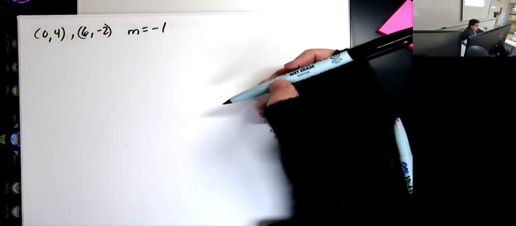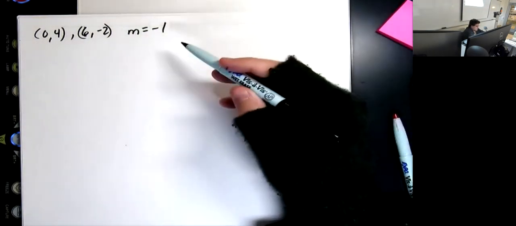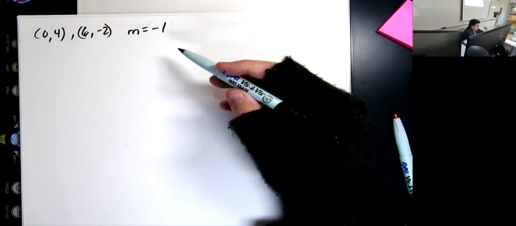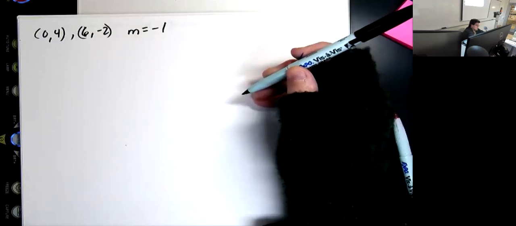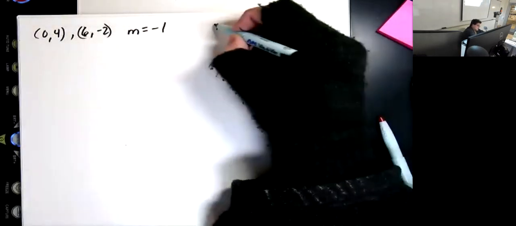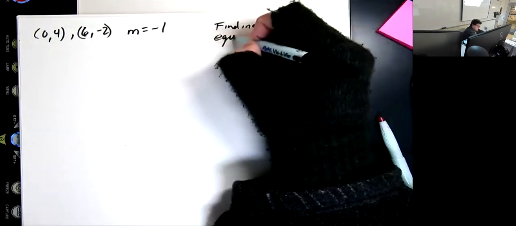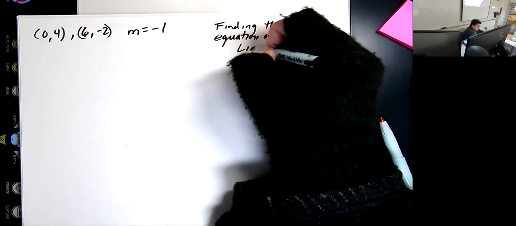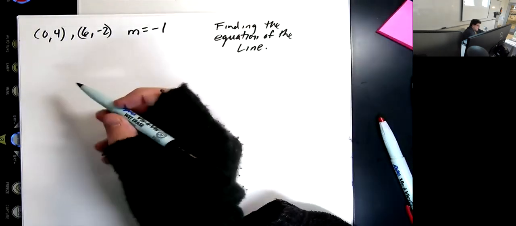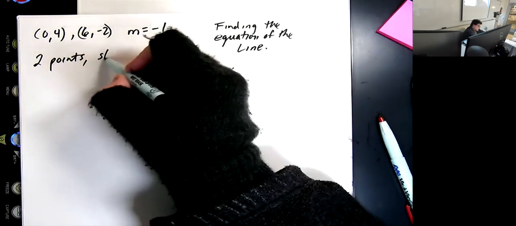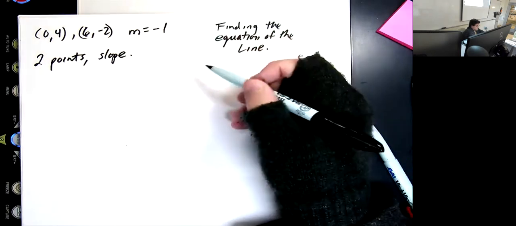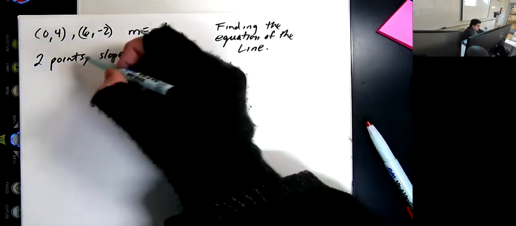When you want to graph this and you have 2 points, or if you want to make the equation of a line, finding the equation of the line, you've got 2 points and the slope. But actually, the 2 points give you the slope.